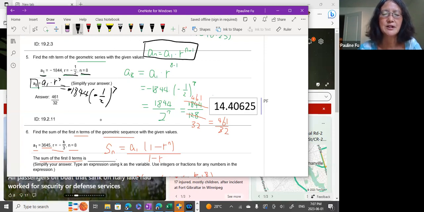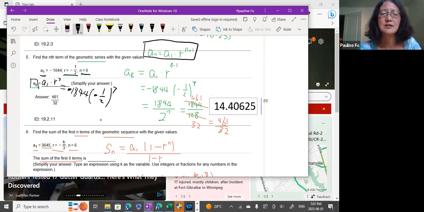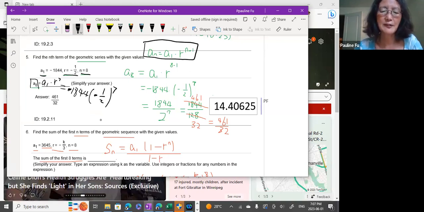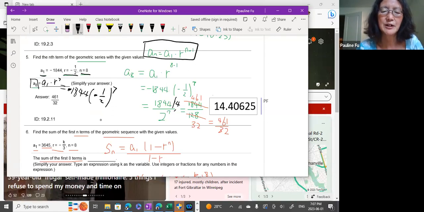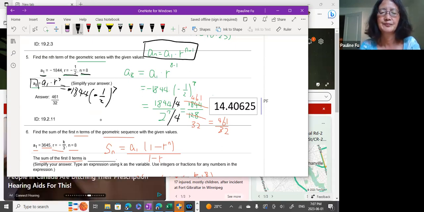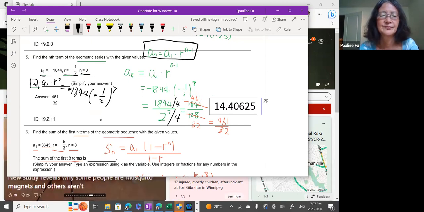This is the denominator. Numerator, you have 1844. Okay. And then you use 4 as common factor, both numerator and the denominator divided by 4. Simplify this fraction, you get 461/32. Questions?